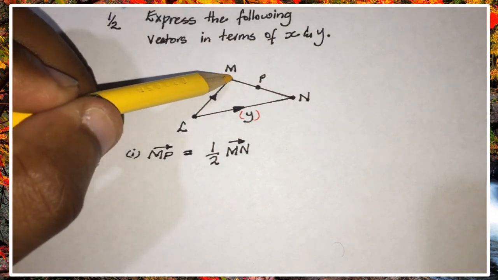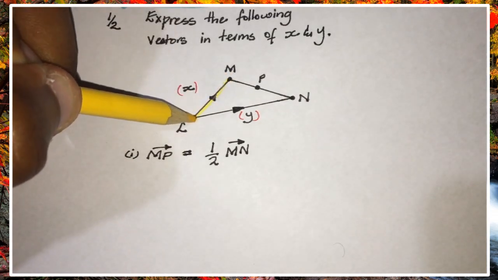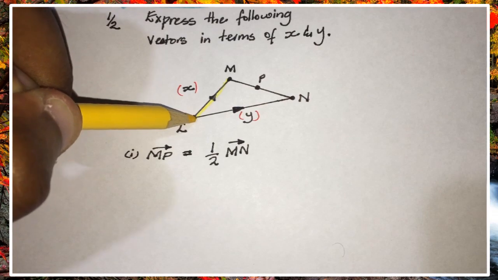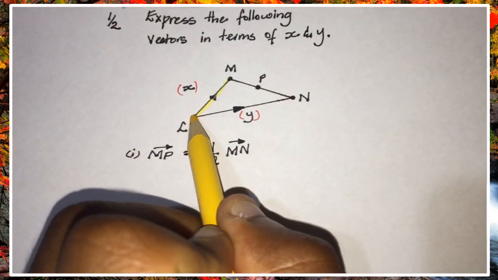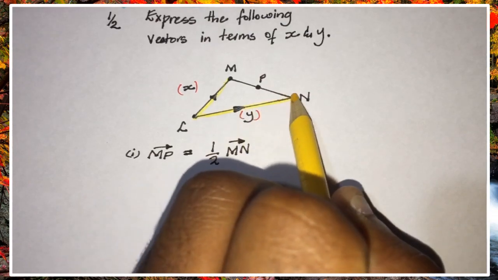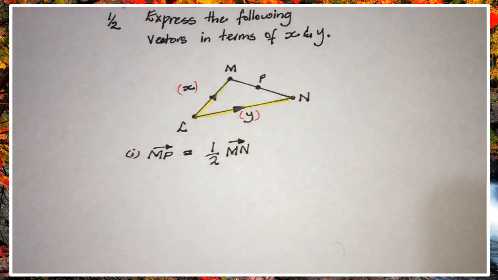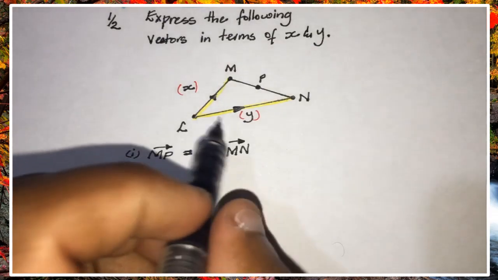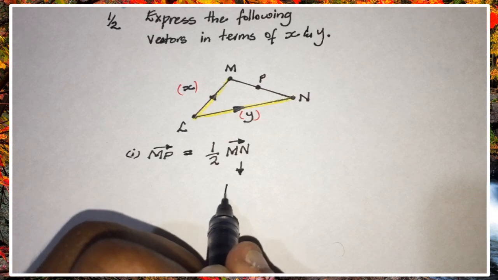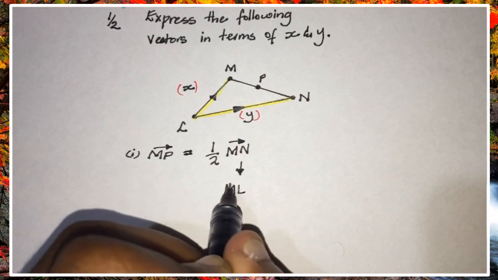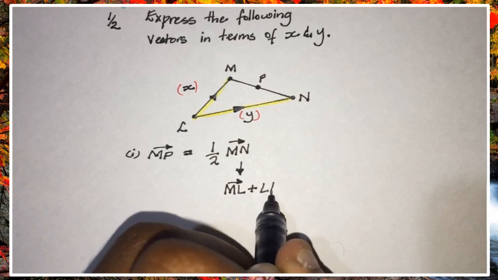So if I'm at M, I have to travel down to L, and that is against that vector. Then I have to make that turn at the turning point and travel along LN. So if I'm going to make my vector map for MN, it would be M to L plus L to N.